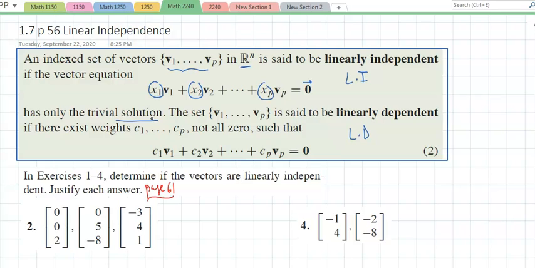And in case you don't know what the trivial solution is, the trivial solution will be x1 equals x2 equals x3 equals x sub p, and all of these are zero. That's called the trivial solution. The idea is matrix A times vector x equals 0 is called a homogeneous equation because it equals 0. x equals 0 is trivial.